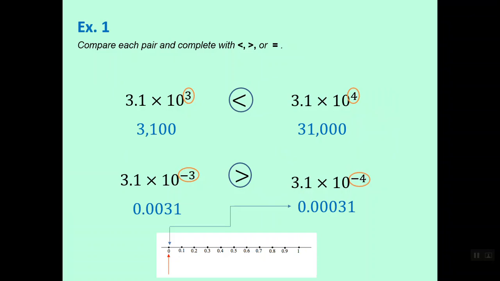It's almost there, but it is not at 0, and it is certainly not past 0. Now, when we're trying to plot 0.0031 or 3.1 times 10 to the negative 3rd power, you can see that it is slightly larger, slightly closer to 0.1, which makes it, of course, larger on the number line.